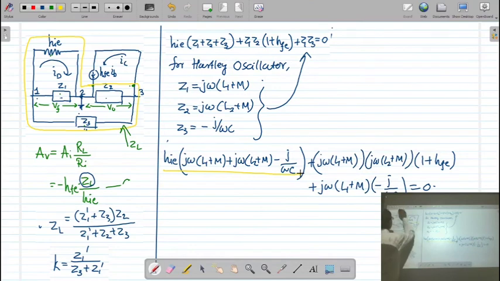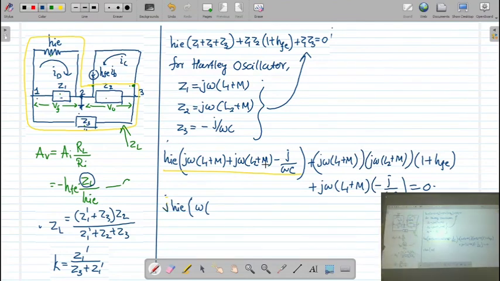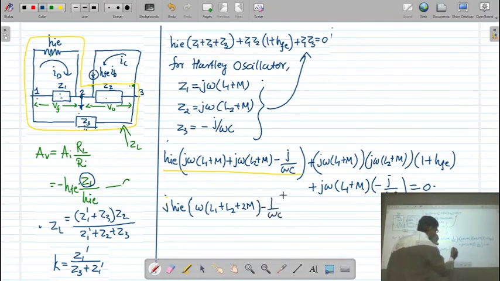If you take the j common, then j into h_ie, and also you can take a, then here we have omega times (L1 plus M) and here we have (L2 plus M). So if you take the summation, then you will get L1 plus L2 plus 2M minus 1 upon omega C.